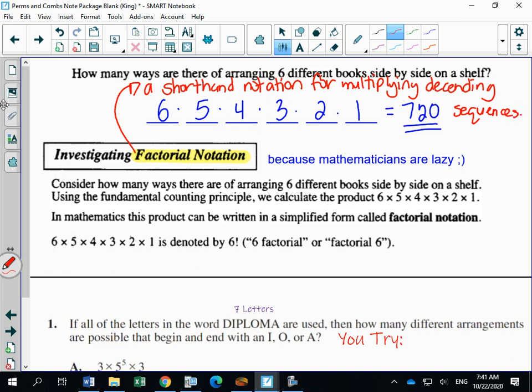So for example, this would be considered a descending sequence: 6 times 5 times 4 times 3 times 2 times 1. This would be a descending sequence.